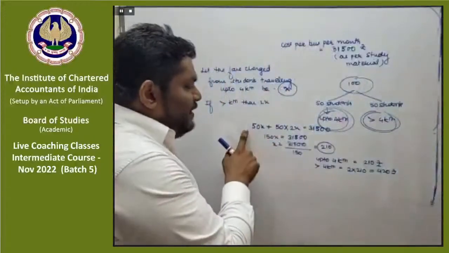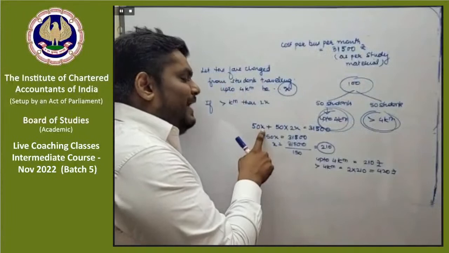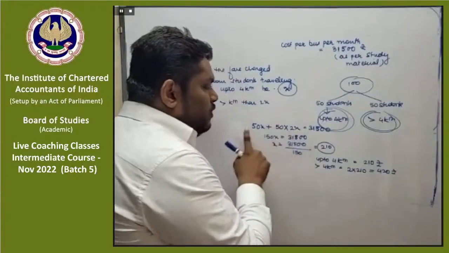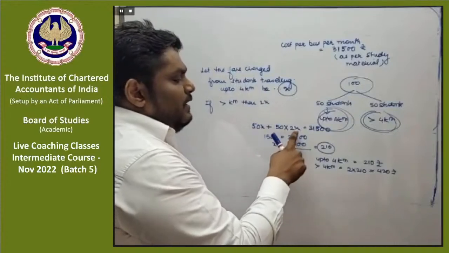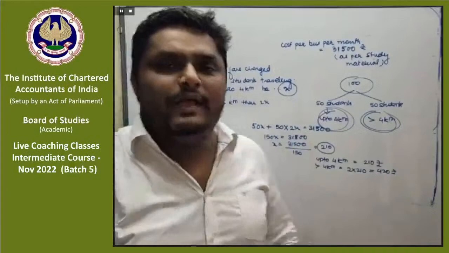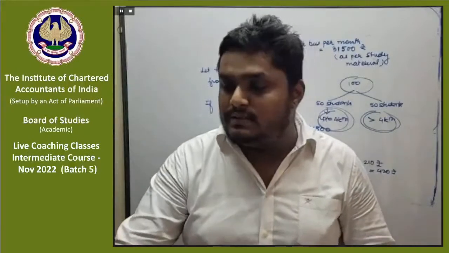So let the fare charge for 50 students be X and for the remaining 50 students be 2X. So 50X plus 100X is equal to 150X is equal to 31,500. This is how I got the answer.